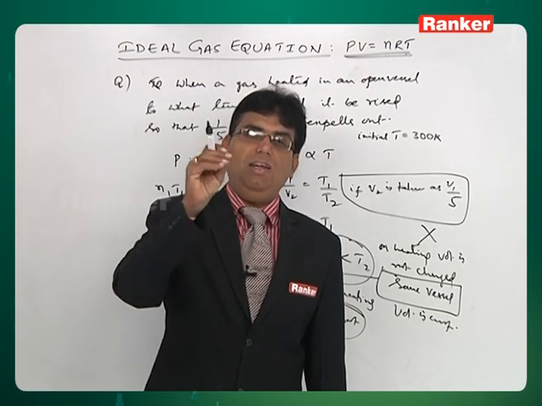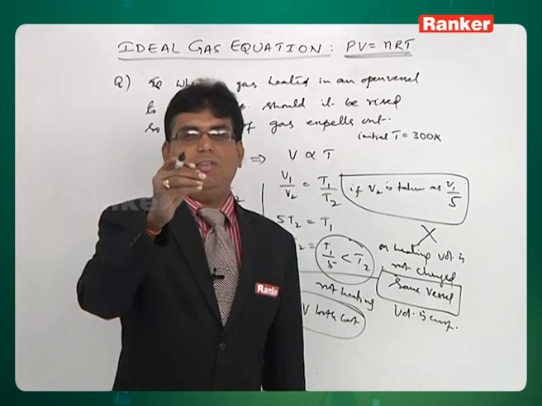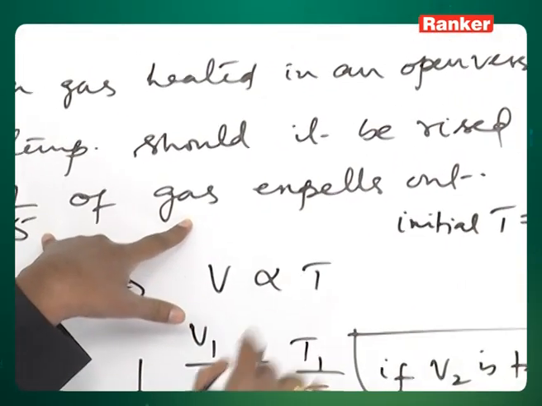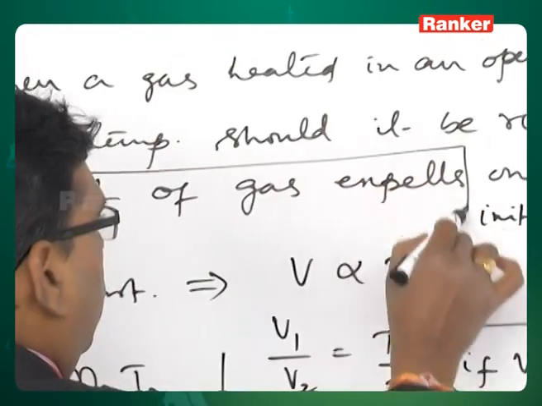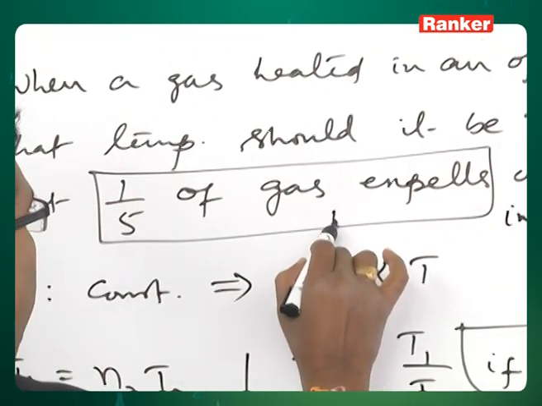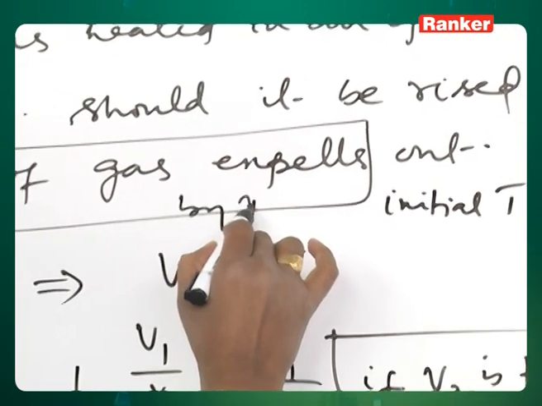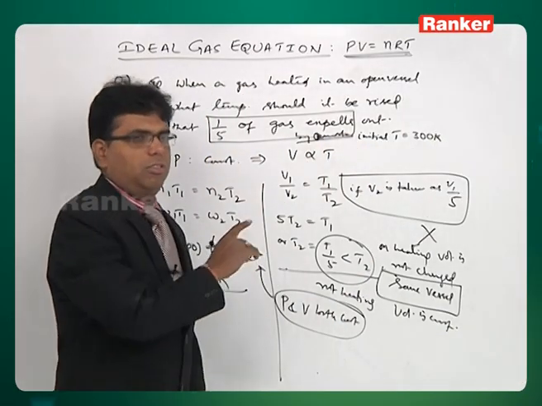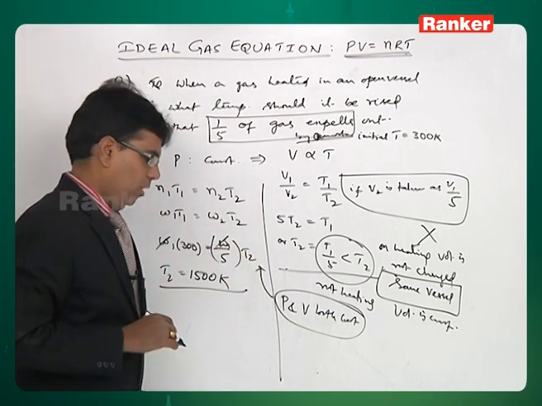It is by amount that we have to take, not by volume. 1/5 of the gas is expelled means it is by quantity, by amount, not by volume. This is how we have to take. Okay. Next.